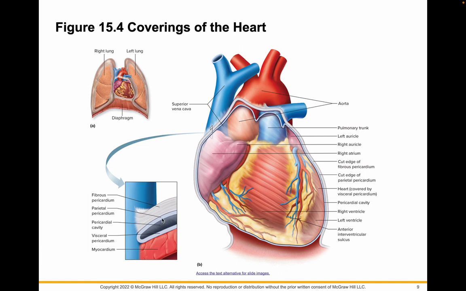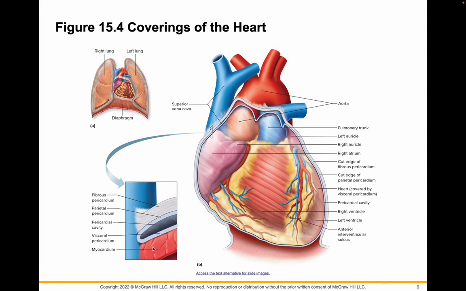And then you have this serous membrane. This would be parietal because it's lining the cavity. And then it folds on itself, and now this side of the serous membrane is touching the heart. So this is the visceral pericardium. So parietal, visceral, and then in between, the pericardial space.